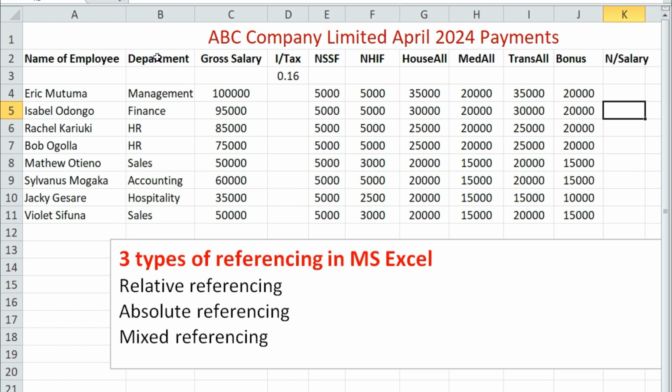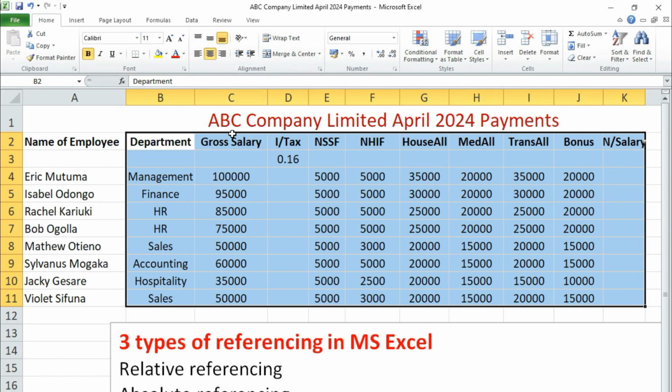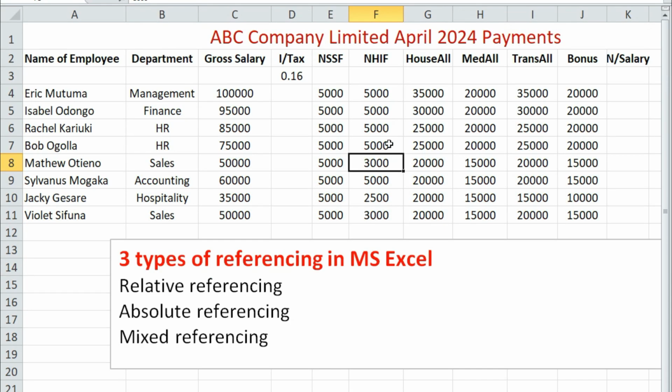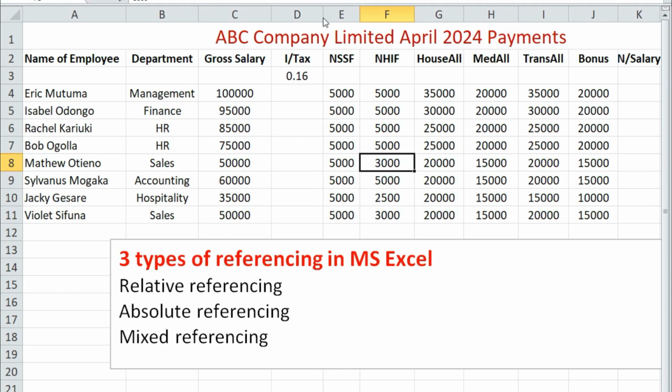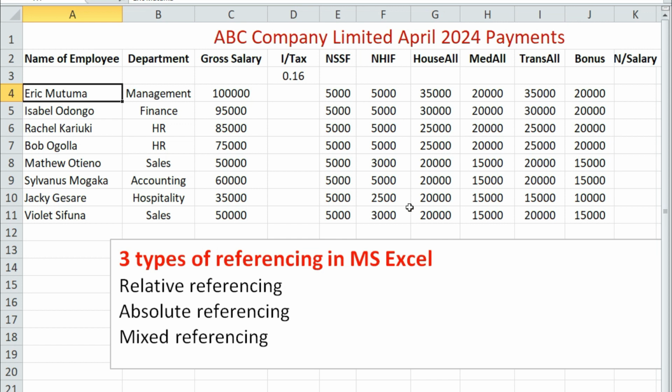And then I'm gonna align all these center. Align center like that. Instead of name of employees, okay, I'm trying to make sure that everything is visible.